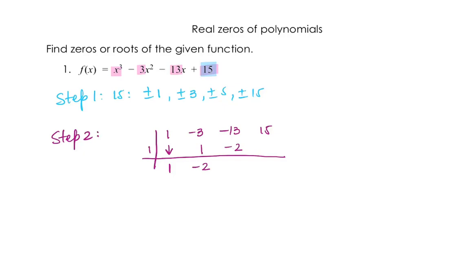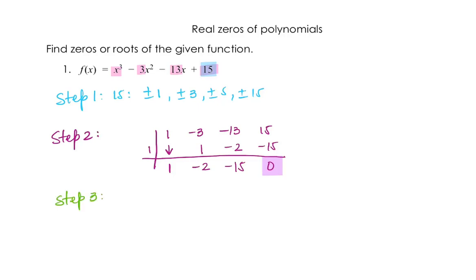We add this to -13, which is -15, times 1 is -15. 15 plus -15 is 0. The fact that we get a 0 at the end means that 1 is one of the roots of this function.